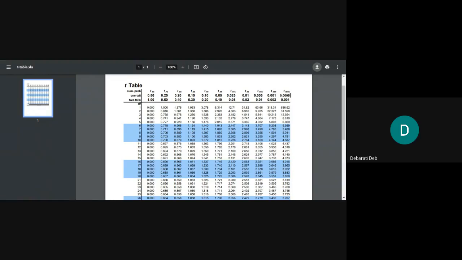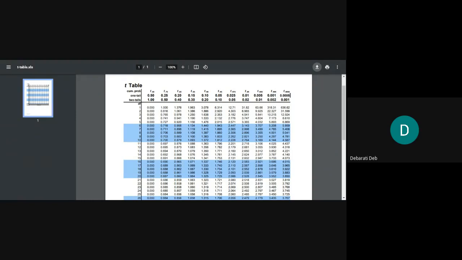Corresponding to 19 and at the top 0.025 and 0.05, this is the 5% level of significance.